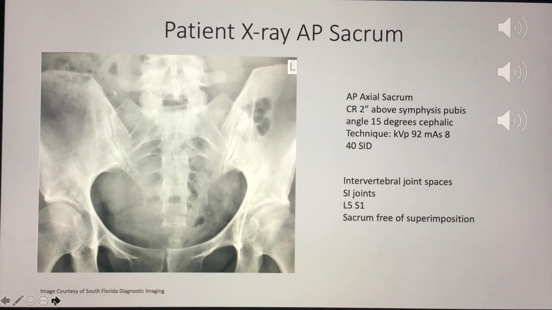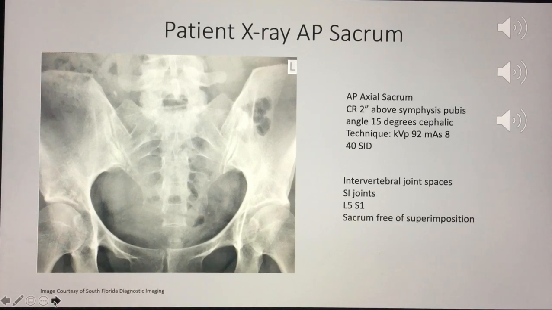This is the actual image of my patient. This is the AP axial sacrum. The central ray is 2 inches above the symphysis pubis, and the angle was 15 degrees cephalic. The technique I used was 92 kVp and 8 mAs.